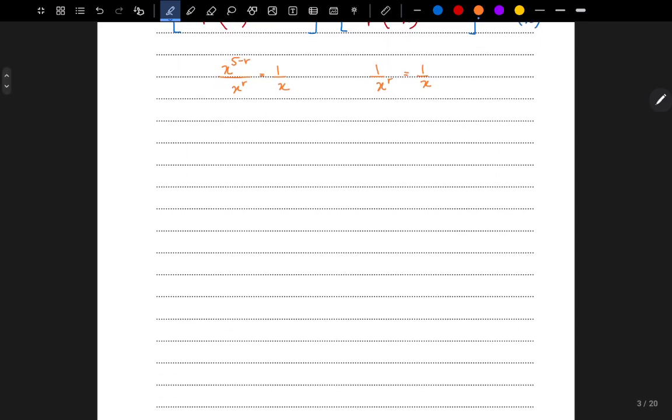If we solve this further, we will have x to the power of 5 minus 2r equals x to the power of minus 1, using the laws of indices. So this will further give us 5 minus 2r equals minus 1, or 2r equals 6, and we get r equals 3.